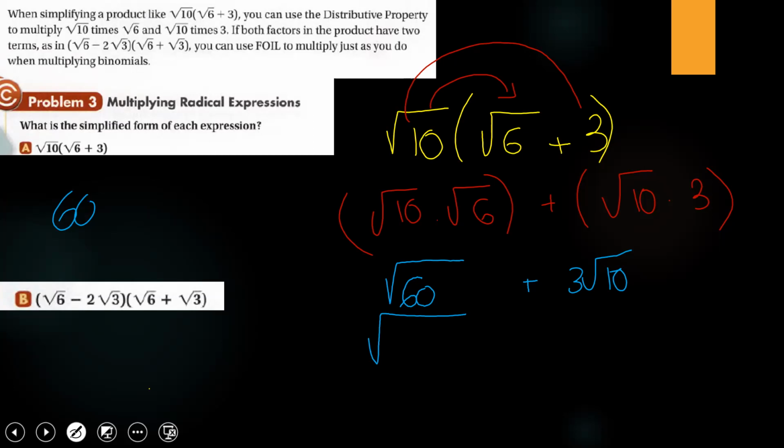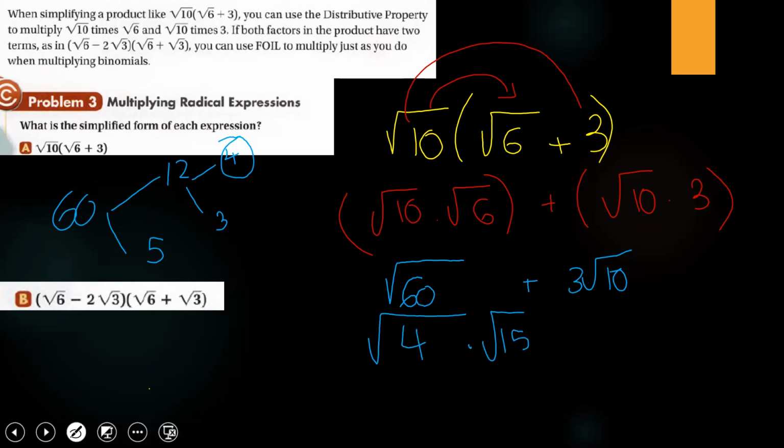Teacher, if we took 12 and 5. Yeah, so let's say 12 and 5. And then 12, you can say it is 4 and 3. So we can say 4, which is a perfect square, times 3 times 5, which is 15.